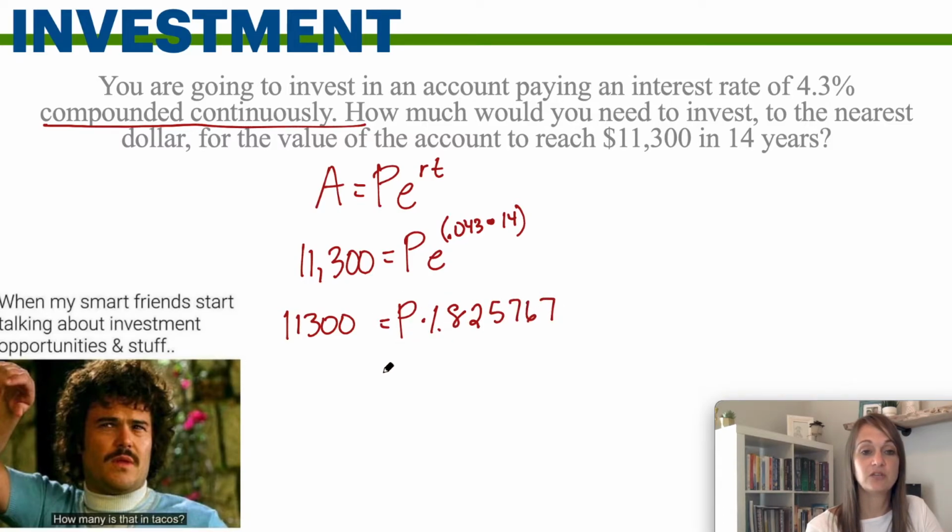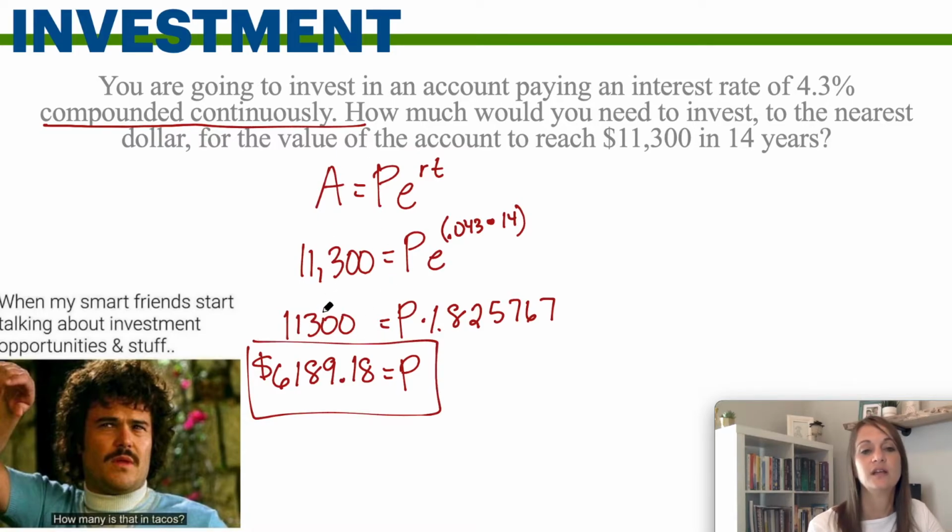So to solve for P, you're going to divide both sides by this 1.825767. $6,189.18 is how much you will need to invest in order for your money to become $11,300 14 years later.